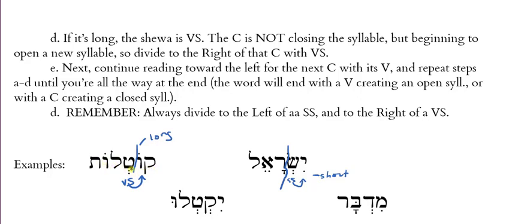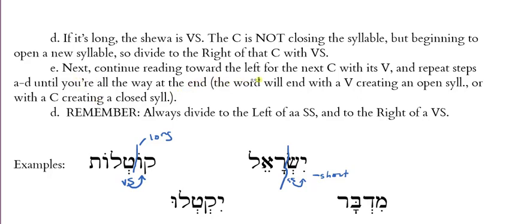So this is ko-to-loth. Ko-to-loth. This, on the other hand, was Yisrael. Yisrael. All right. So if the consonant has a vocal shiva, it is not closing the syllable but beginning to open a new syllable. So divide to the right of that consonant that has the vocal shiva under it. Always divide to the right.